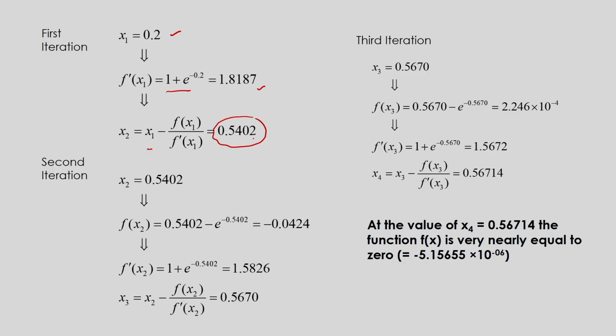Now this x2 value of 0.5402 will be your initial guess of the second iteration.